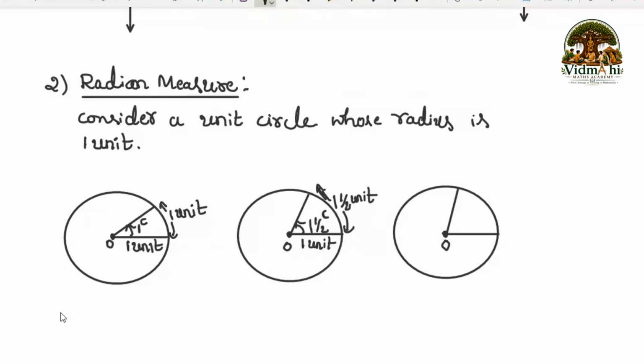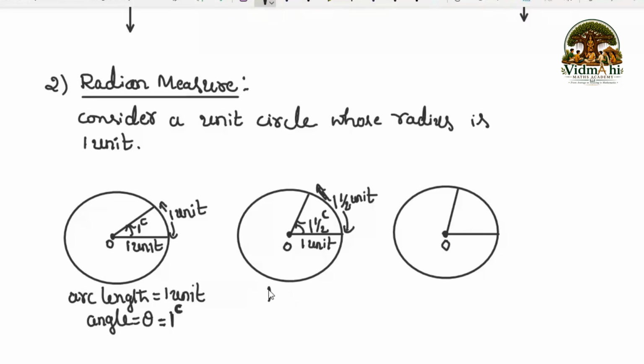So for the first diagram, arc length is 1 unit, and the angle, which we consider as theta, is 1 radian. Radian can be written with a superscript c, so that is 1 radian.